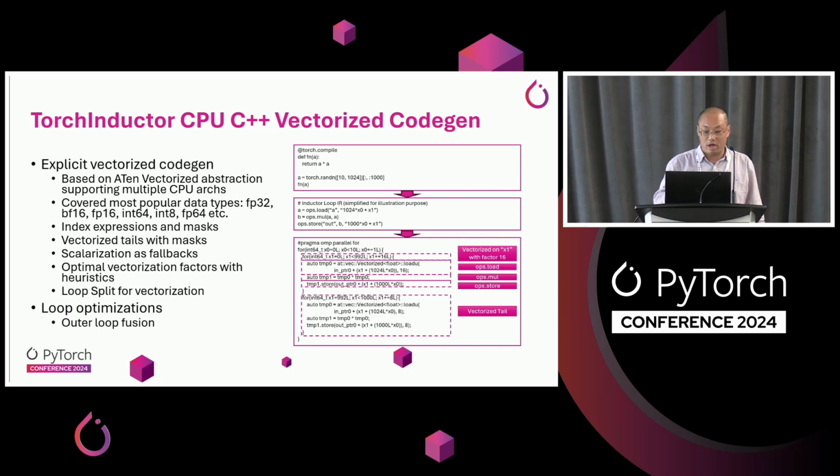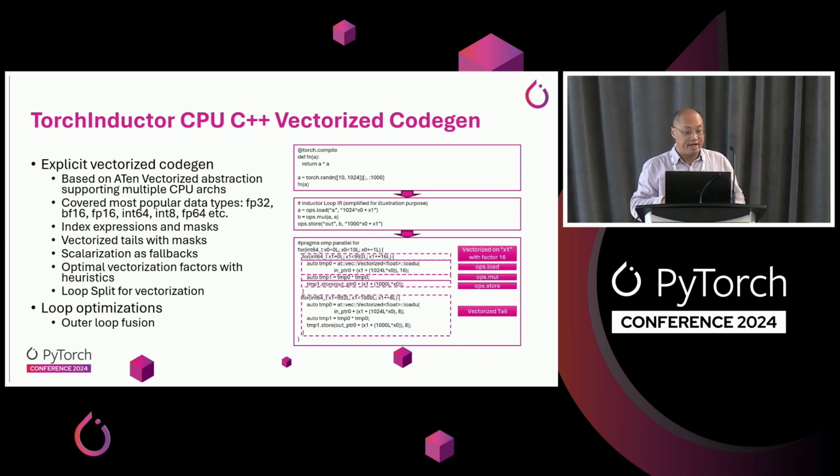In the example on the right-hand side, we have a 2D tensor being multiplied by itself, creating a two-level loop nest. The code generation analyzes the data access patterns and sees that the data access is contiguous in the innermost dimension and vectorizes on it.